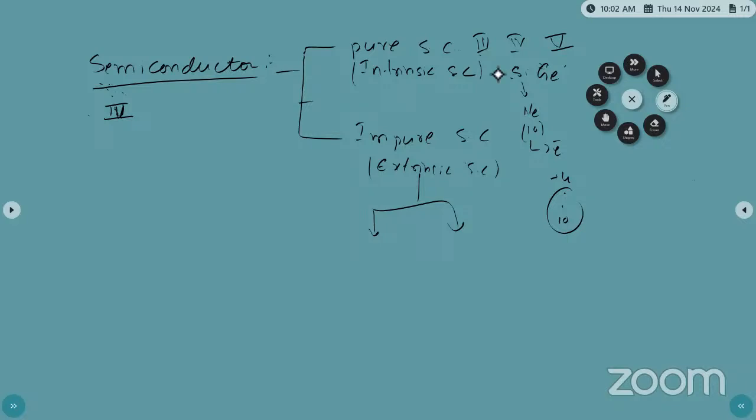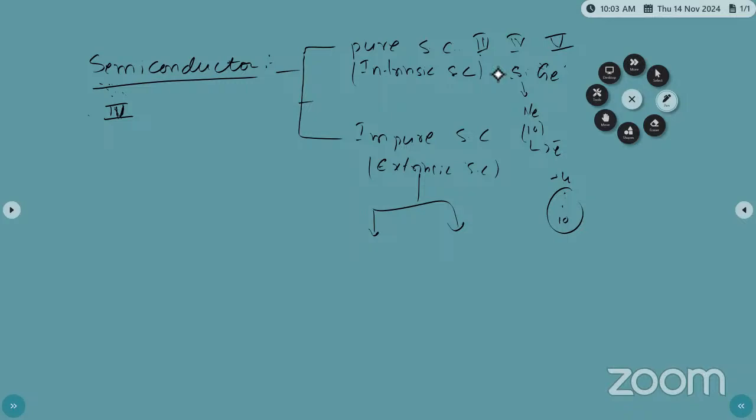In the third group elements, how many valence electrons are present? Three valence electrons. Tell me one third group element. Boron. The boron atomic number is 5. Near to 5, the noble gas is helium.